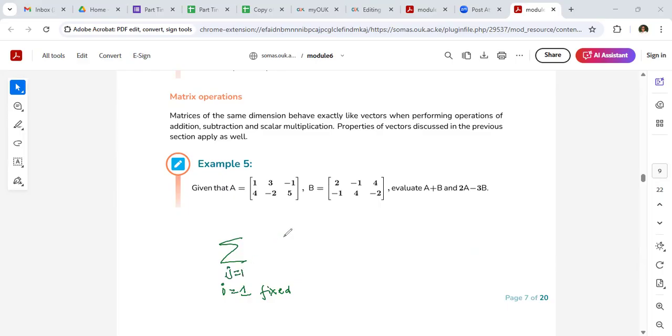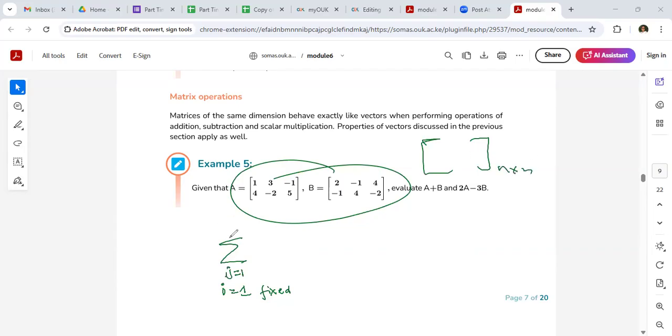We cannot find determinants of these matrices unless it is a square matrix. J equal to 1 up to say 3, assuming that it's a 3 by 3 matrix. So you're varying J over 3.